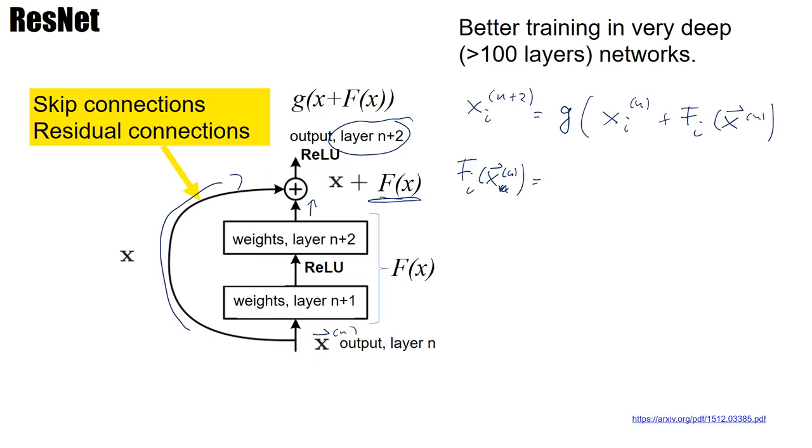Now, what is this function f of x? We have weights w, so this is the sum over j of w_ij in layer n+2.